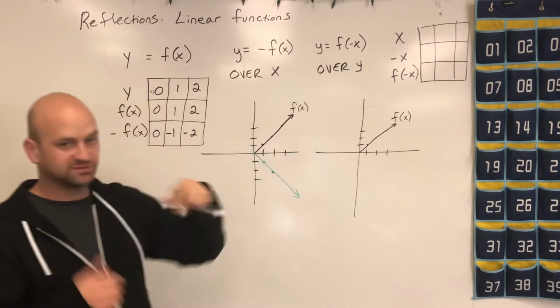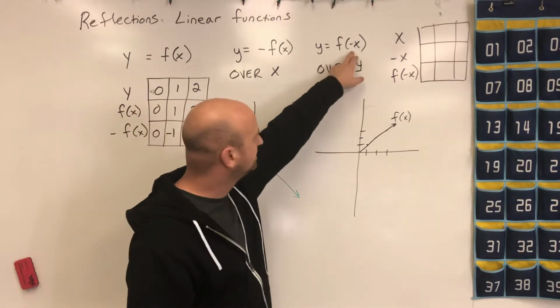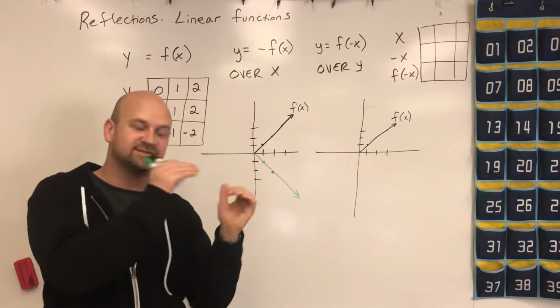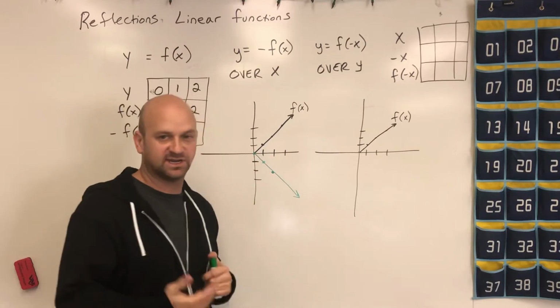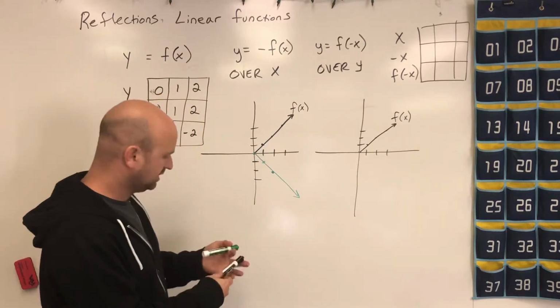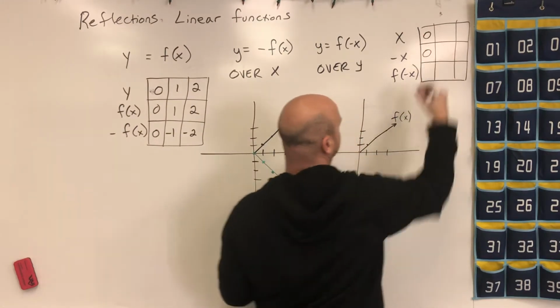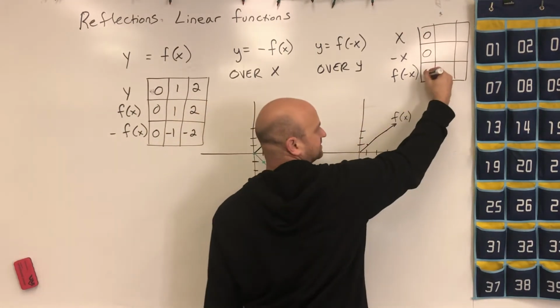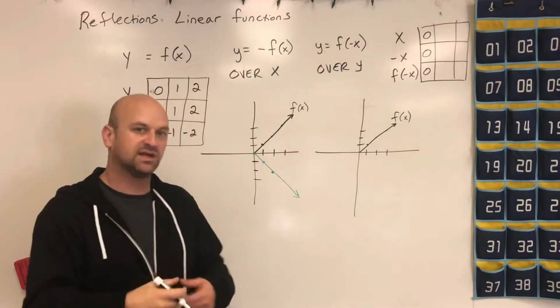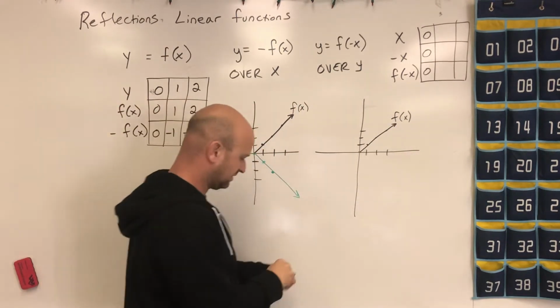So let's do over the y-axis. Now, in this case, the negative is going to happen inside the parentheses in front of the x value. Okay, so if x is 0, negative x is 0, and f of negative x would be f of 0. Right, so our first point would be here.